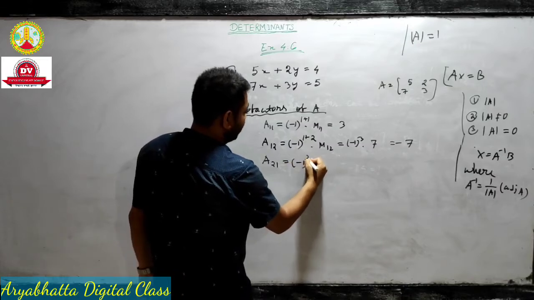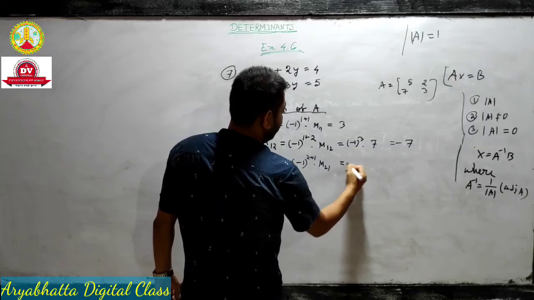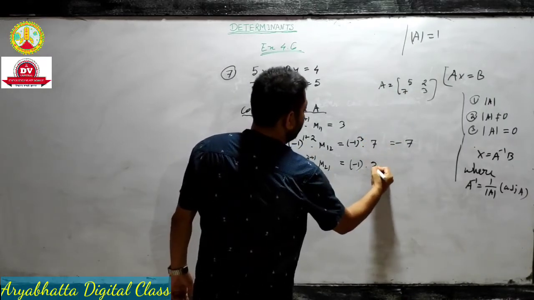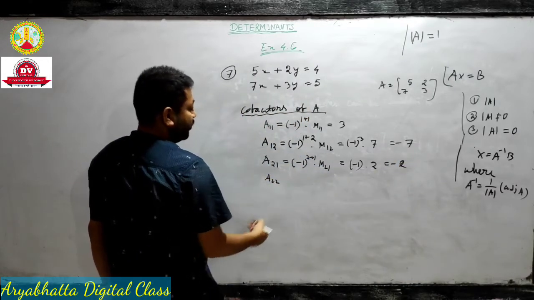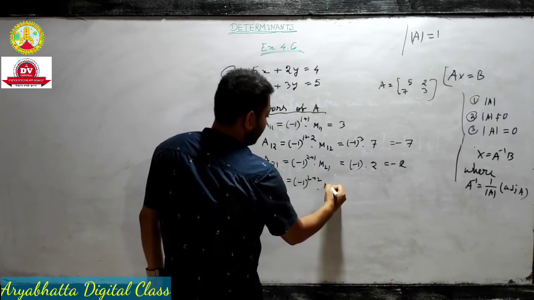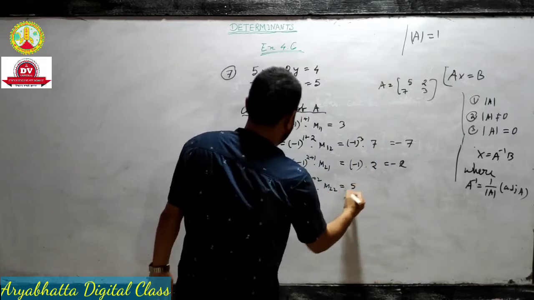A21 is equal to minus 1 whole to the power 2 plus 1 into M21, is equal to minus 1 into M21, is equal to minus 2. A22 is equal to minus 1 whole to the power 2 plus 2 into M22, plus 1 into M22, is equal to 5.